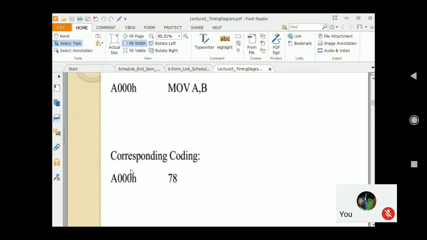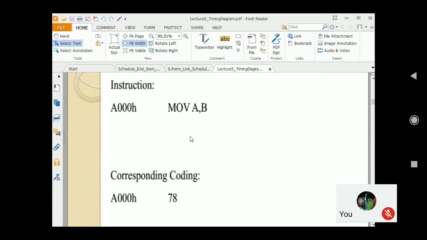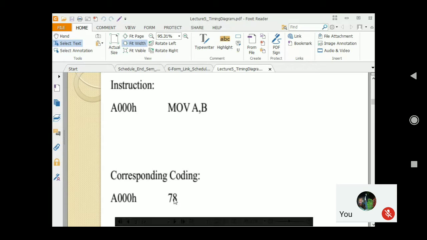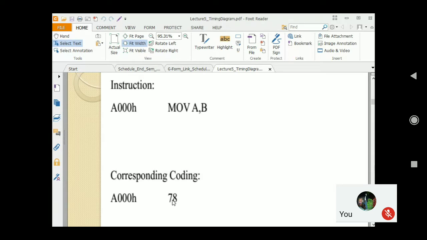You will know that this move A, B has some mnemonics. This is the mnemonic of that one, and the corresponding code is 78. This is the corresponding code of this one: move A, B, and the corresponding code is 78.